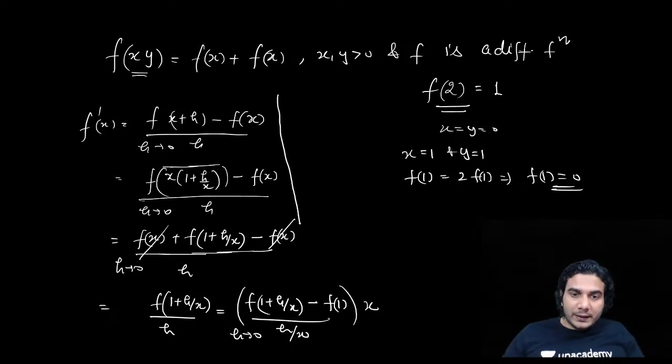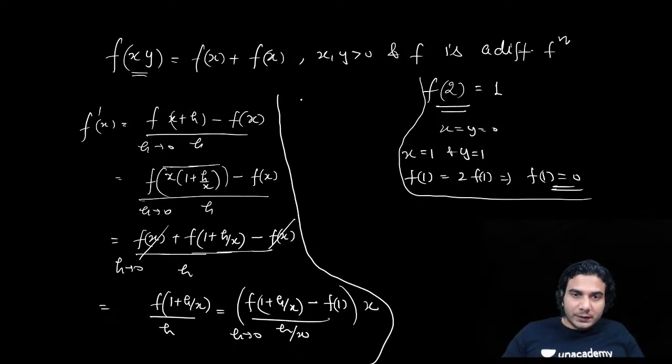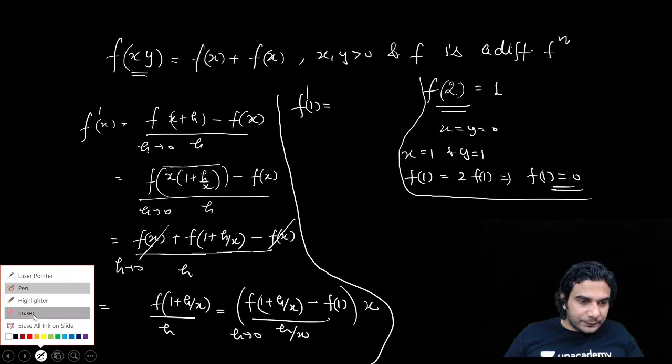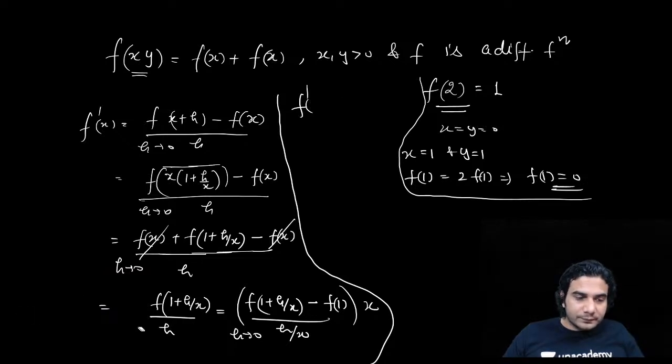So now you will get this functional equation: f dash of x is equal to f dash of 1 into x.